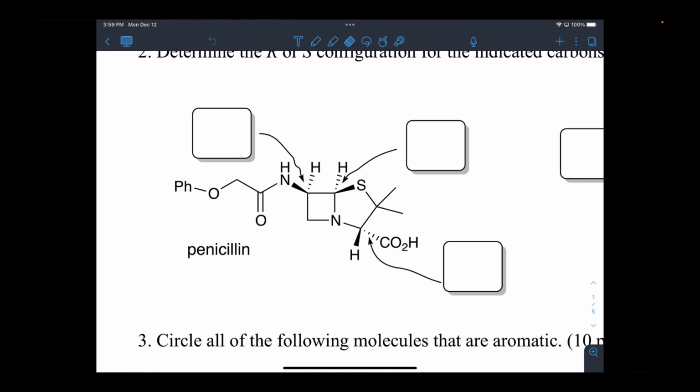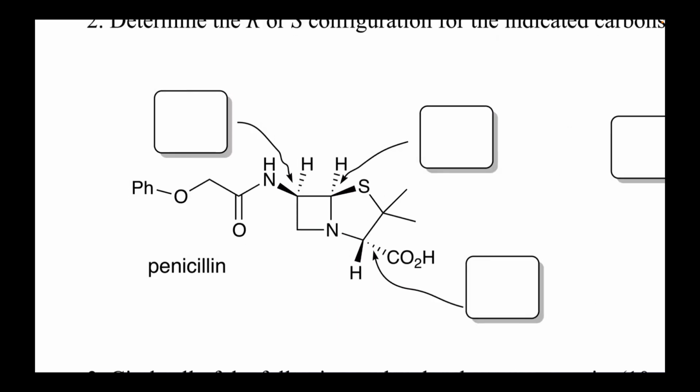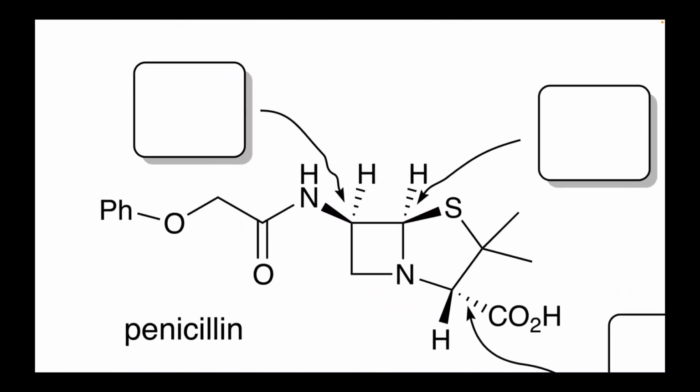Right. So the key about this is really looking for which has priority, and making sure you're good about that. Selecting the priority rules for each of the groups is most important. Then, of course, which way that lowest priority group is pointing. Most often that is going to be a hydrogen.